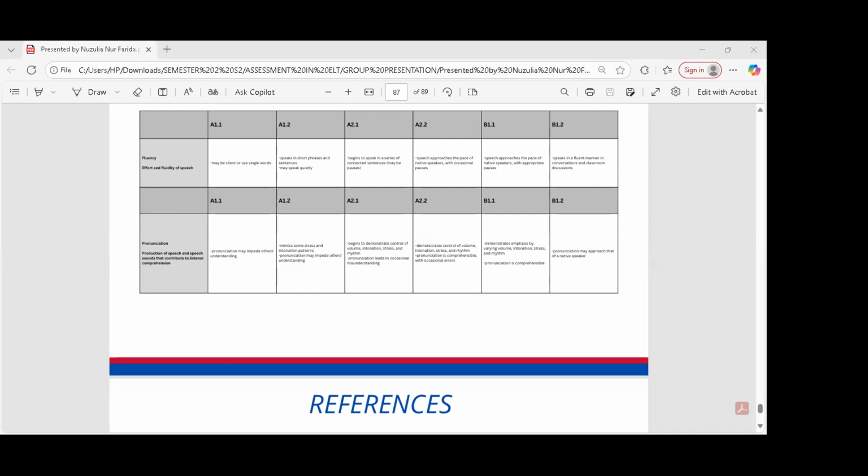We cannot state which one is the best, formative or summative. That's because we need these two kinds of assessment.